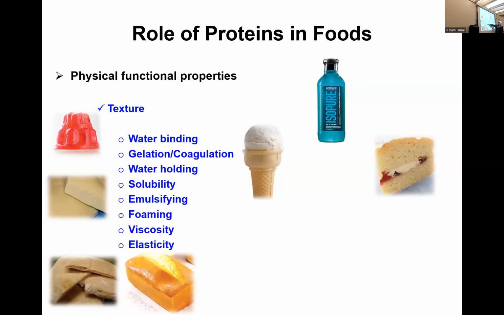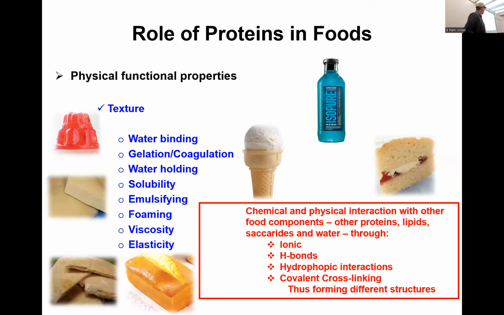Viscosity has to do with water binding interactions, protein-protein interactions, protein-water interactions, and then you have the viscoelasticity unique for the dough. This is also a foam and an emulsion, also the cake. This is tofu, a gel. We're going to talk about all of these different matrices, and look at the interactions that form them.